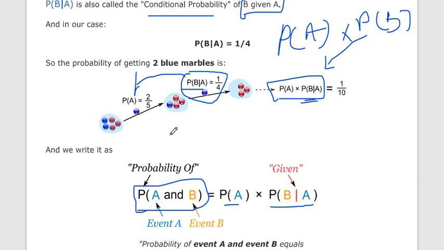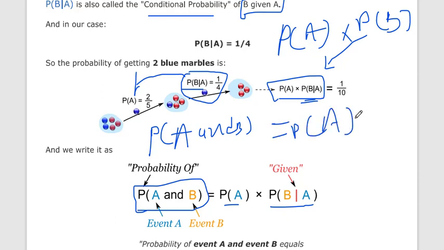What is the formula for independent events? Same like this: P of A and B equals P of A into P of B. Instead of P of B, we only write P of B per A for the difference between independent and dependent events.